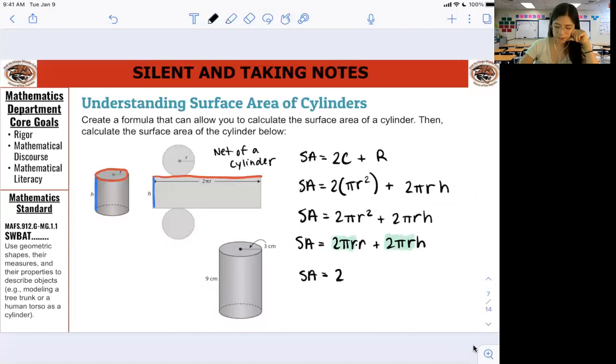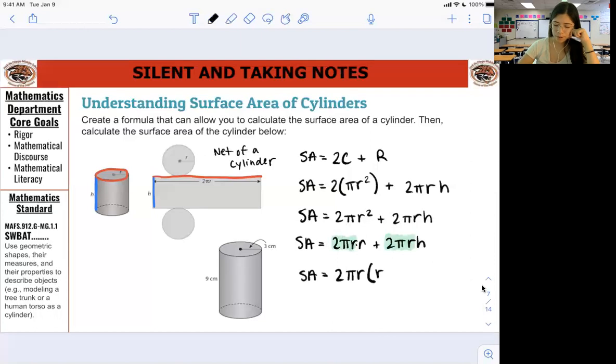If I factor that out, what am I left with in the first term? When I take out 2 pi r, what's the only thing I'm left with? Good, there we go.